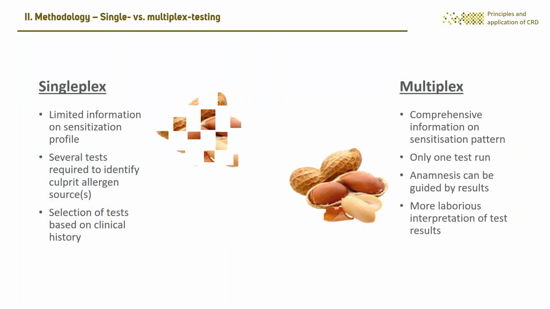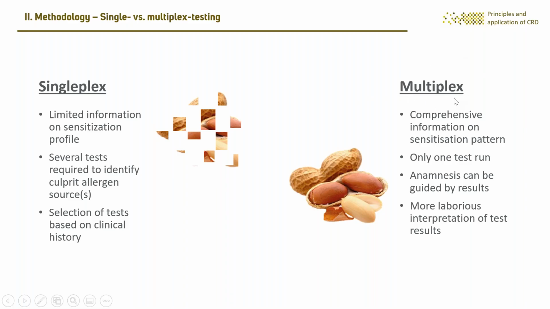If you do a single-plex test, you need to first decide exactly which specificities you are interested in, and the result will provide you information which is limited on one allergen source or one allergen molecule per test. And it can be that if the patient happens to have a more complex clinical reactivity pattern, that you need to do several single-plex tests.